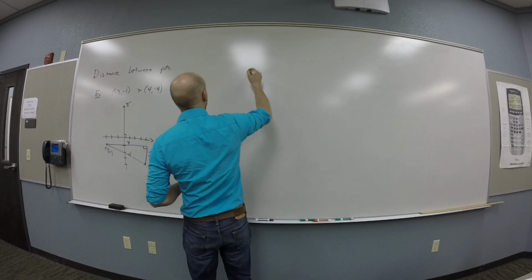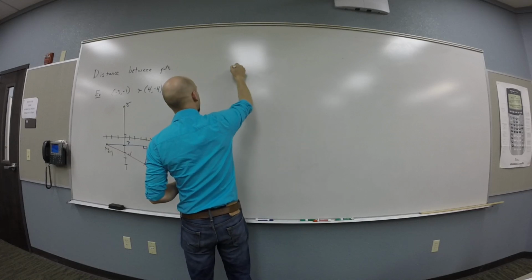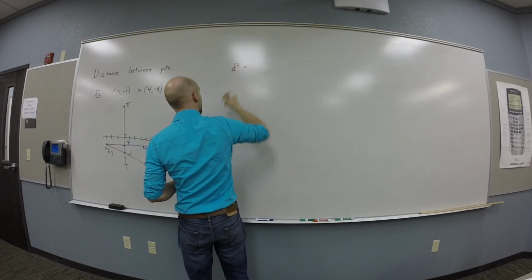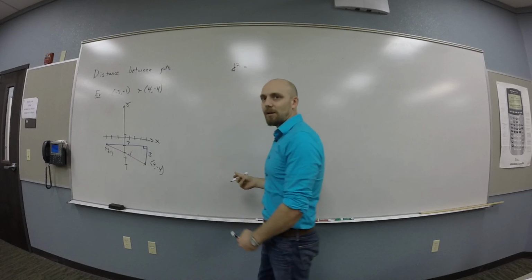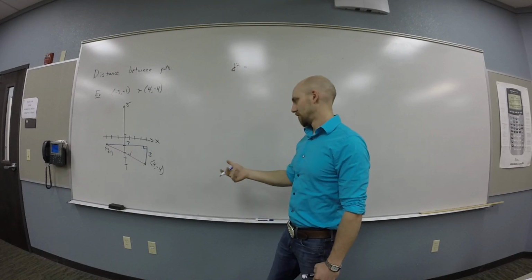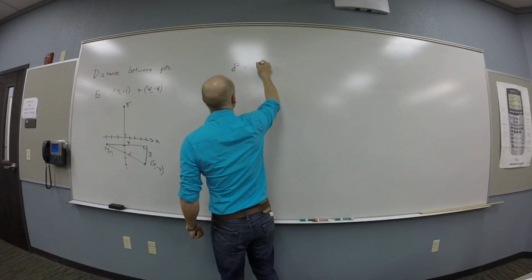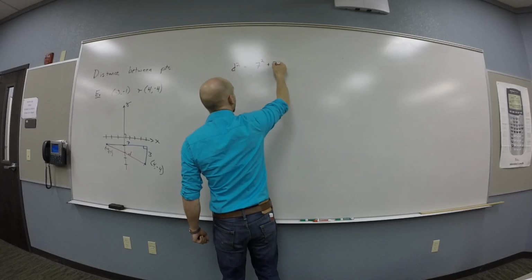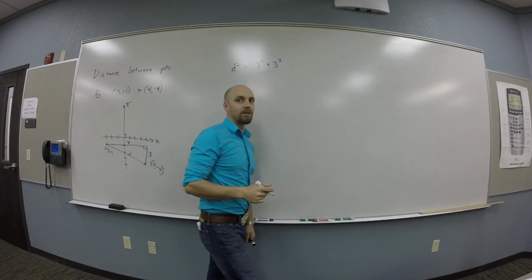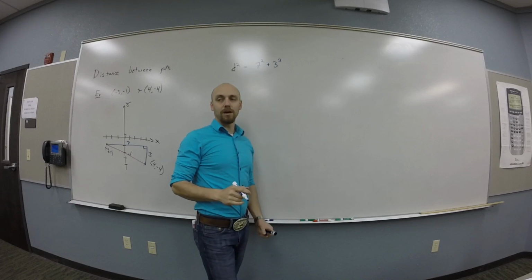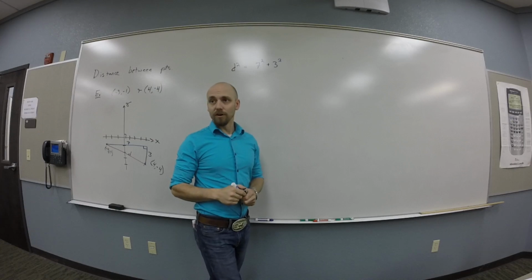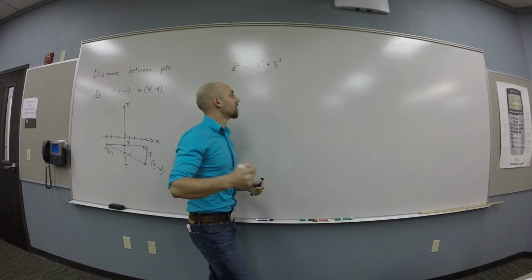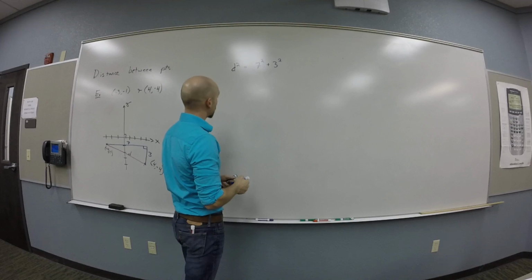So d squared is going to be, what are a and b? 7 and 3. So I've got 7 squared plus 3 squared. Yeah? Okay. How do I find d now? Solve for d, right?